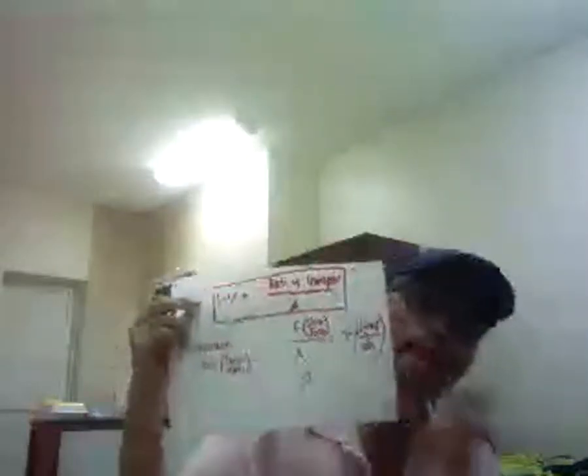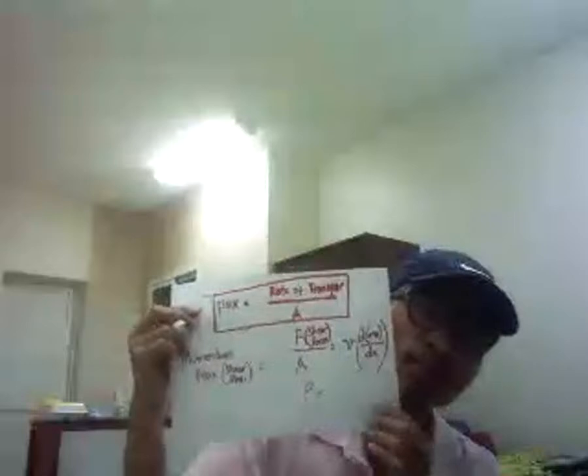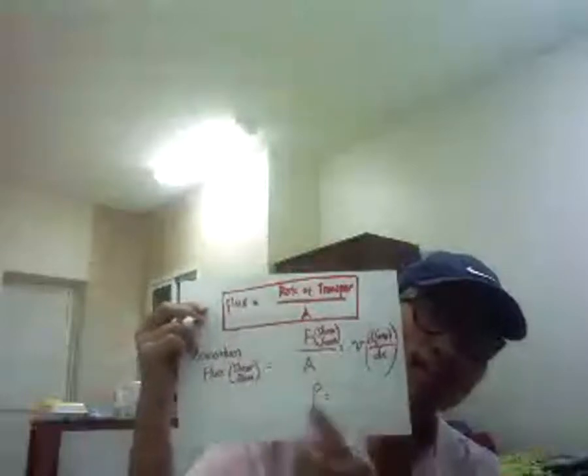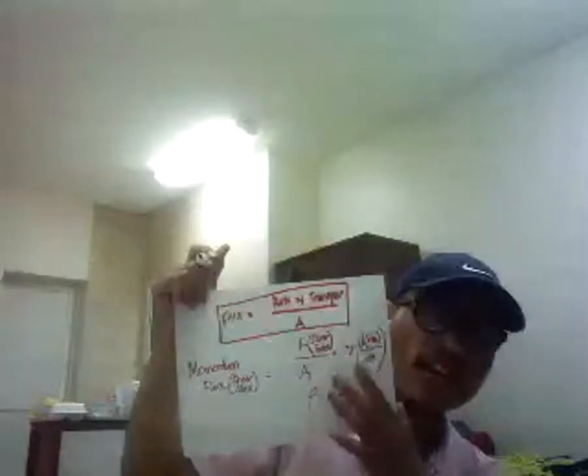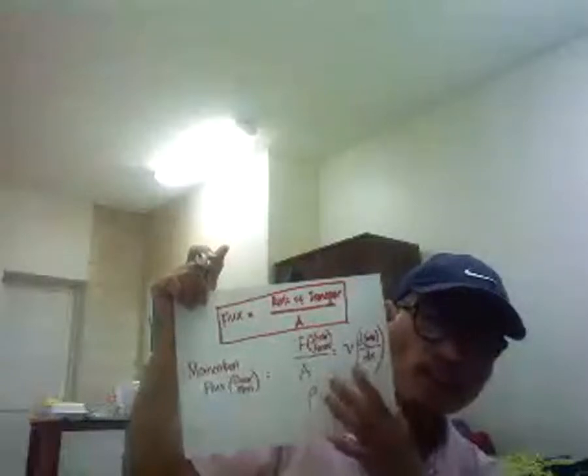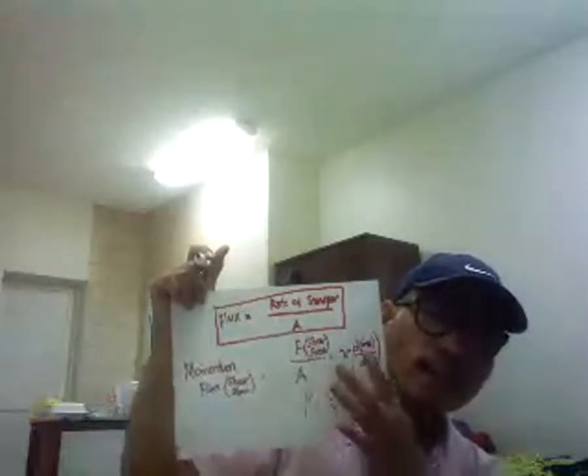We change the density because maybe there is the same symbol somewhere along the way. This is the rho, where the density is equal to mass over volume. Now, in our rate of momentum transfer, there is a mass.